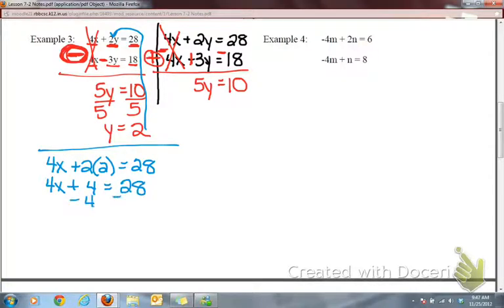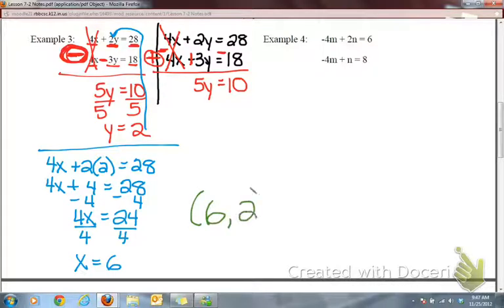Subtract the 4. 4x equals 24. And then divide by 4. And x equals 6. So we have the solution that x equals 6, y equals 2. That is our solution.